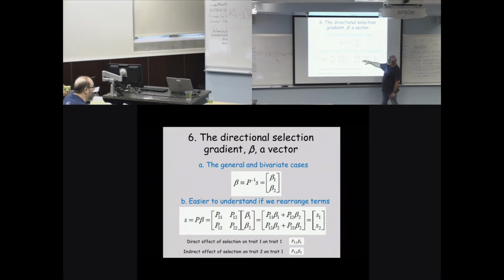You can get 0 because this is positive and that's negative, or because any linear combination of terms like that is 0. It doesn't necessarily mean that there isn't selection going on in the way we're looking at things. But that's a good point. If S is 0, it could be that there's no selection on anything, or it could mean that you've got opposing contributions of directional selection and they just cancel out.